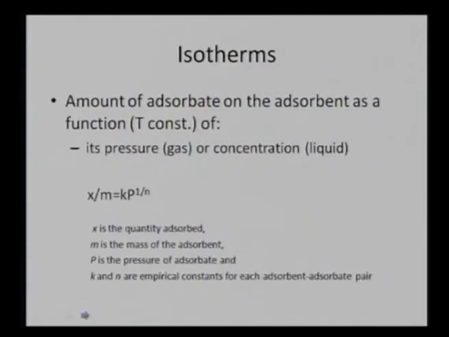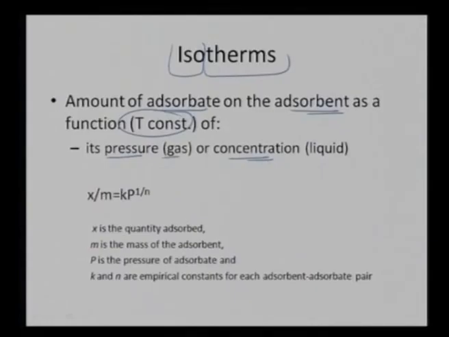So to define how the adsorption is occurring, we can define it in terms of what is the amount of adsorbate on the adsorbent as a function of pressure at constant temperature. That's how we get the term isotherm. So we're defining this particular relationship at a constant temperature to define how much adsorbate is sitting on the adsorbent, and that can be defined by the pressure or the concentration of the species on a particular adsorbent.